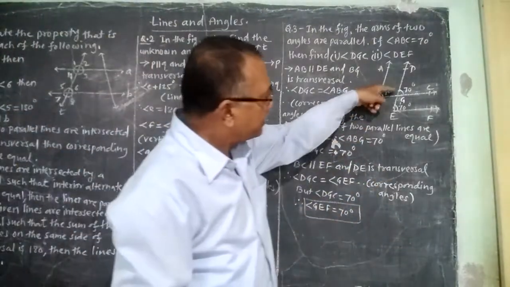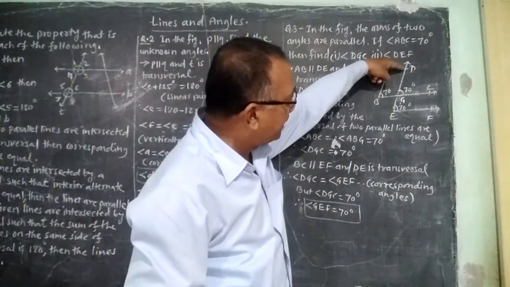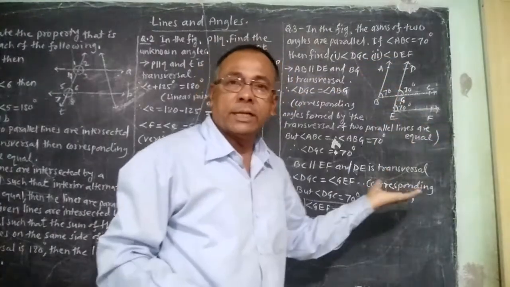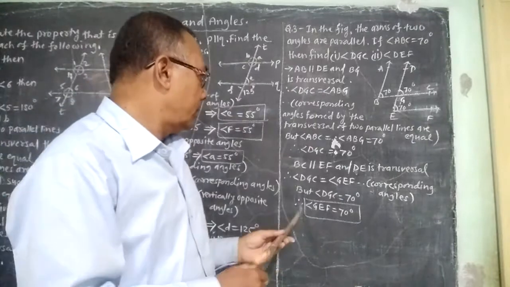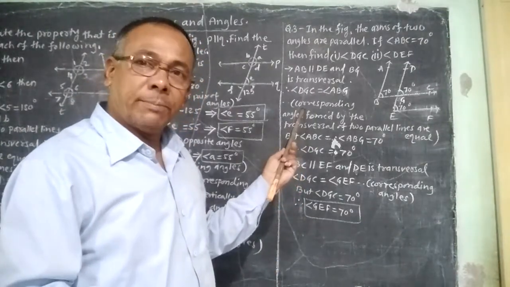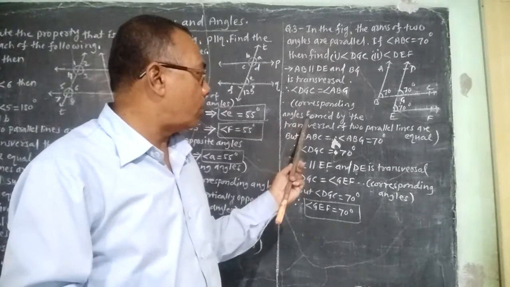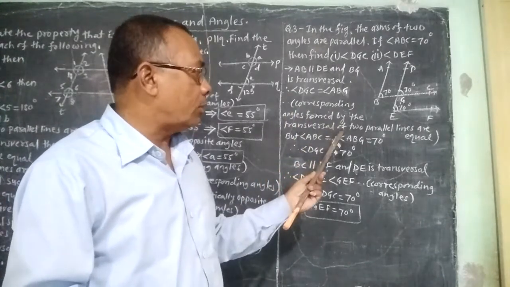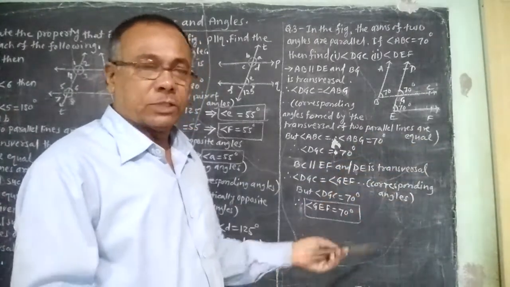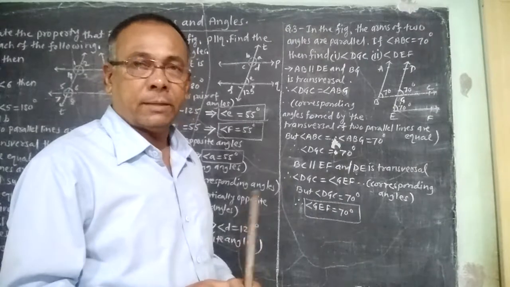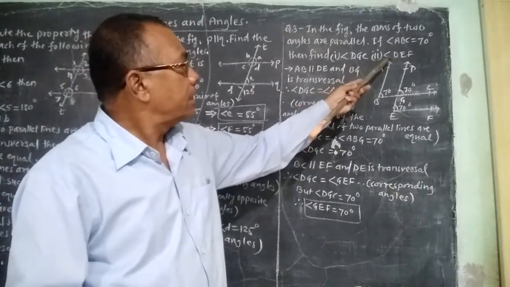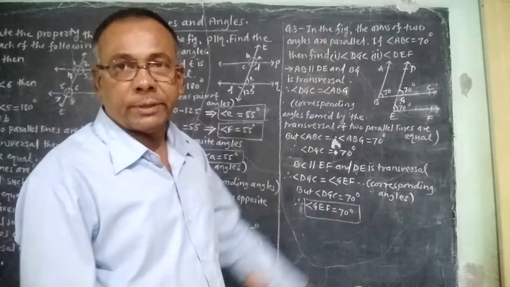Or we can measure this angle from DEF, meaning GEF, that is 70 degrees. The reason is the same, corresponding angles formed by the transversal of two parallel lines are equal. In this way we have found that angle DGC is 70 degrees as well as angle DEF is also 70 degrees.